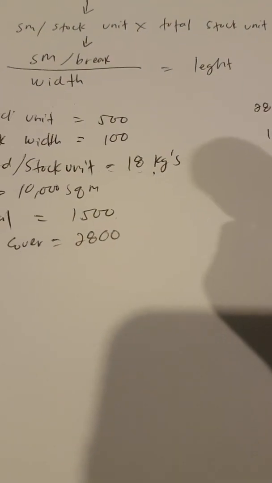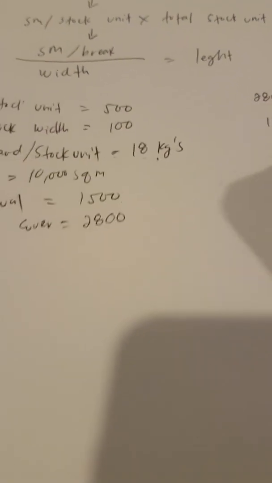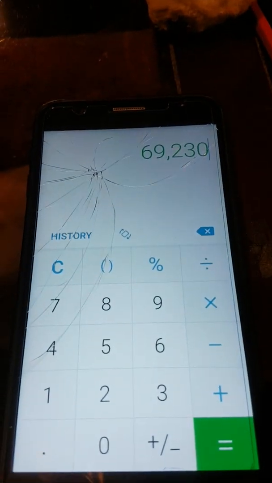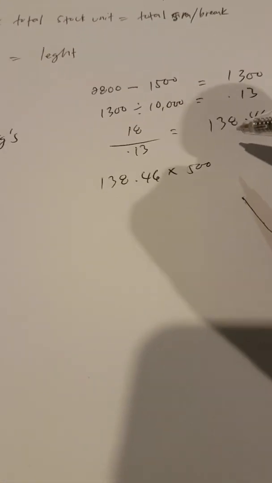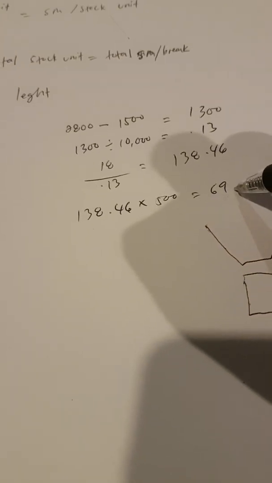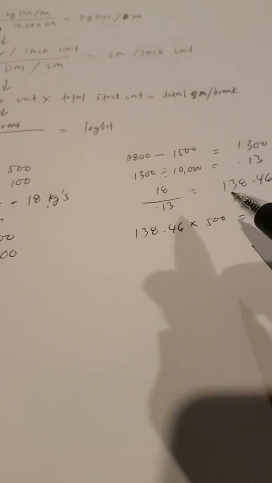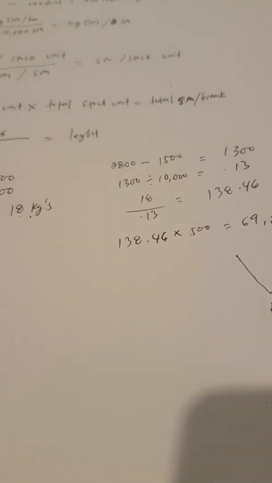So 138.46 times 500 cows equals 69,230. That's your total square meter per break.